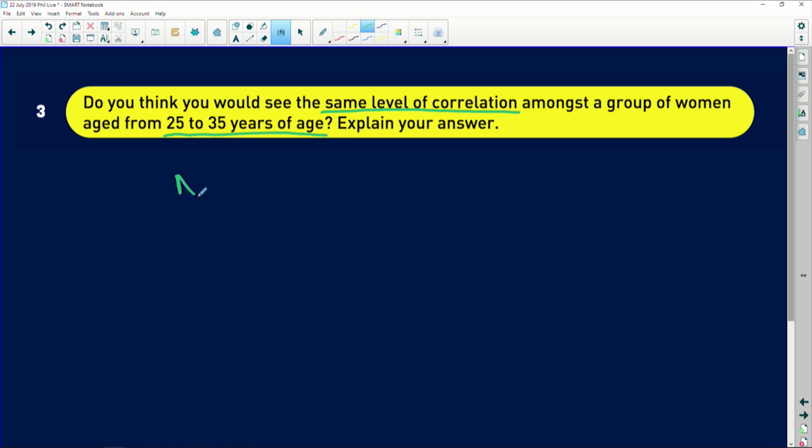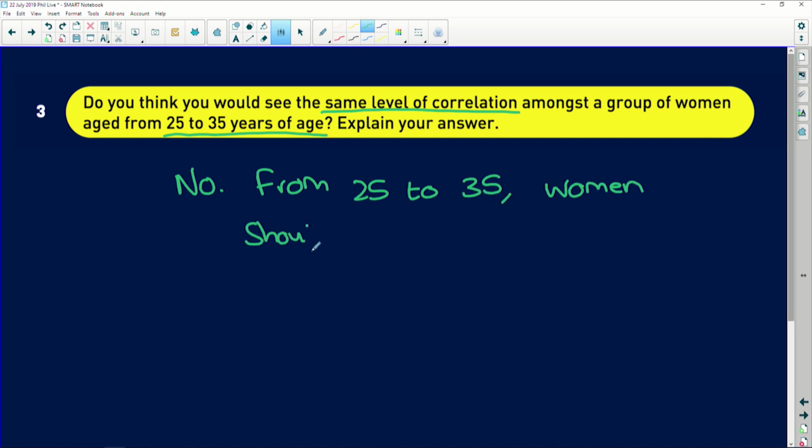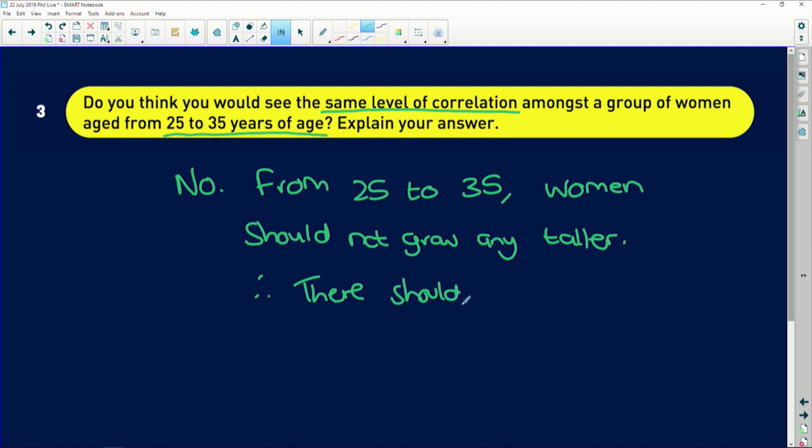So you'd have to say no. From 25 to 35, women should not grow any taller. Therefore, there should be no change in height. Okay, and that is all you need to say to answer that question.